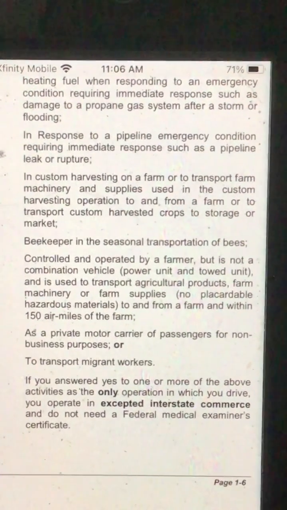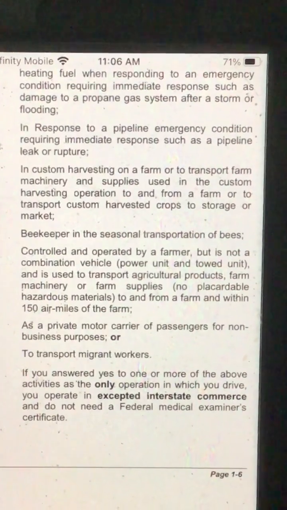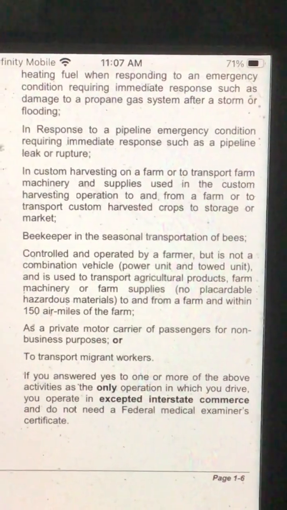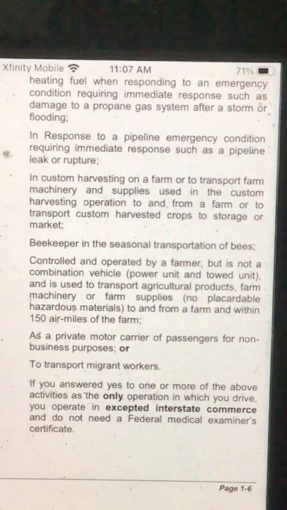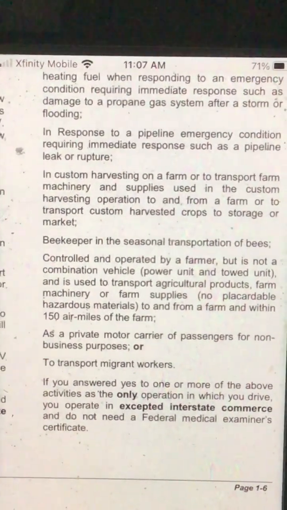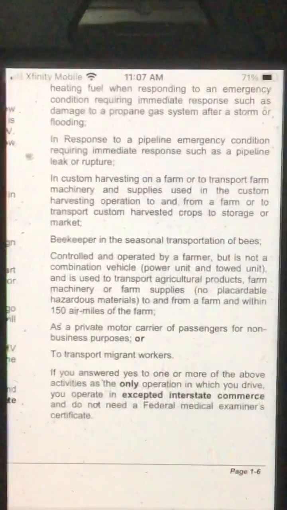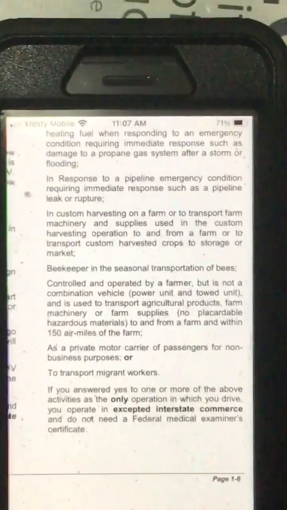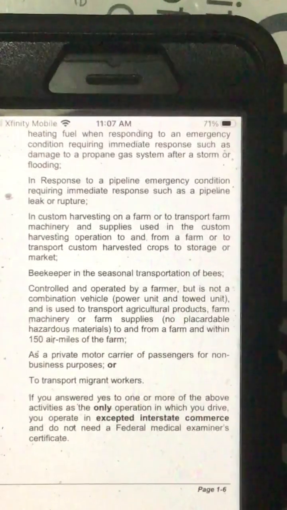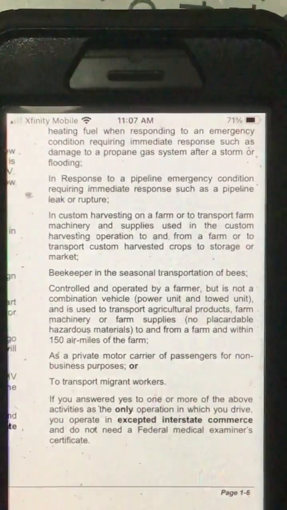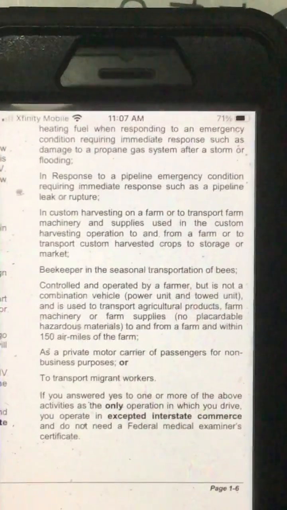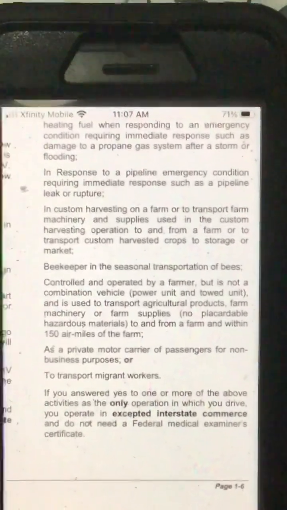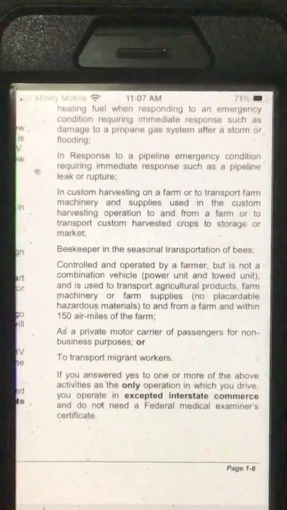For instance, no placardable hazardous materials to and from a farm and within 150 air miles of the farm. As a private motor carrier of passengers for non-business purposes, or, that's highlighted, to transport migrant workers.